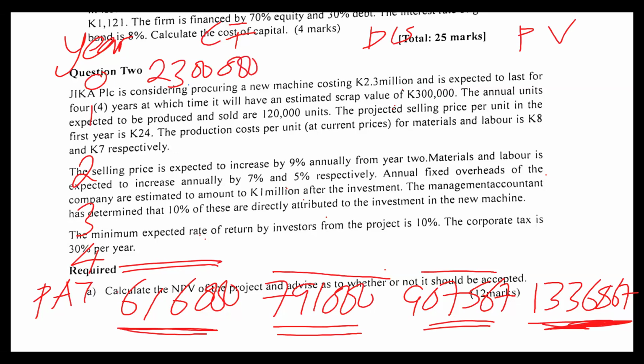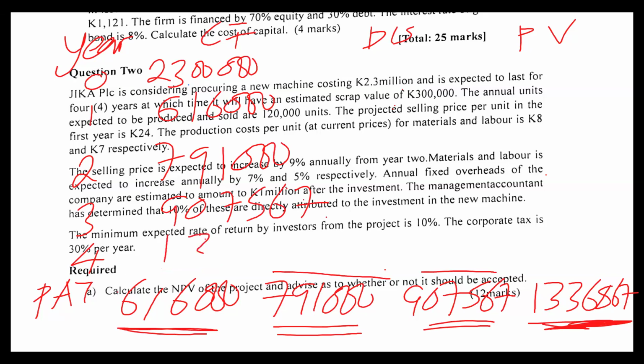Then in return, the first year you receive this, second year 791,000, the third year 907,567. And the last year, 1,336,867.